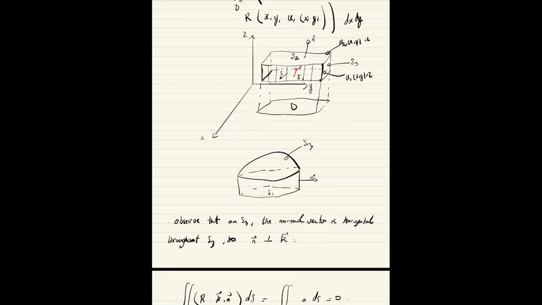So make sure that you understand this part, right? When S is the graph of a function, the k component will be 1 or -1. In this case it's going to be 1, so it'll give you the positive one. But that is not the right one to take because this is a closed surface.